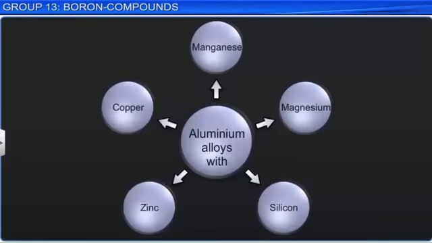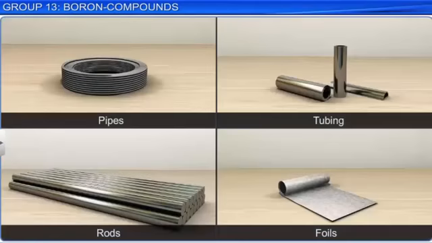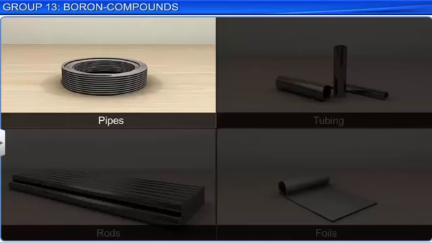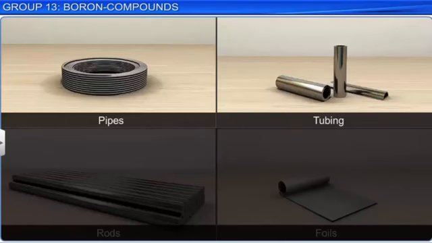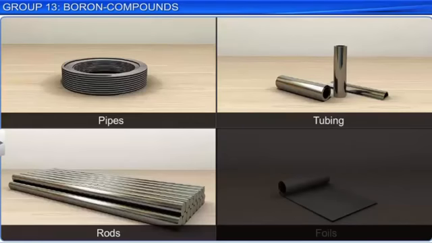Aluminium forms a number of alloys with various elements, including copper, manganese, magnesium, silicon, and zinc. Aluminium and its alloys are readily shaped into pipes, tubing, rods, wires, or foils.